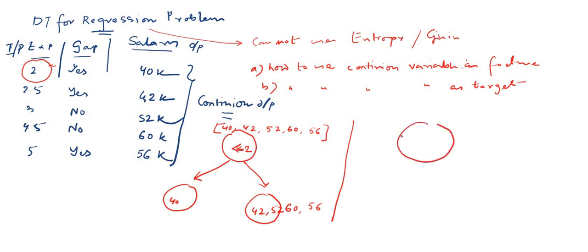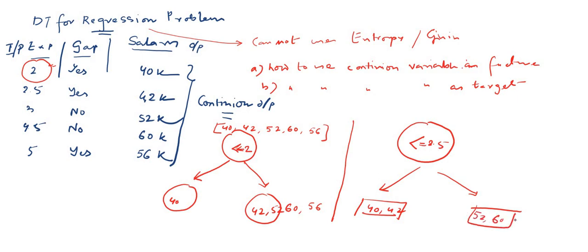Let's consider that if we now check 2.5, then we will have 40 and 42 here, whereas here we will have only 52, 60 and 56. Hope you understand up to this. We will try with this, and then we'll select which one is the better choice.